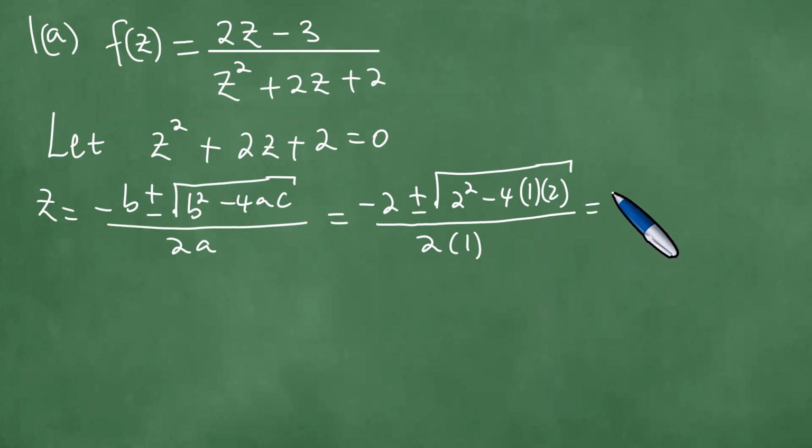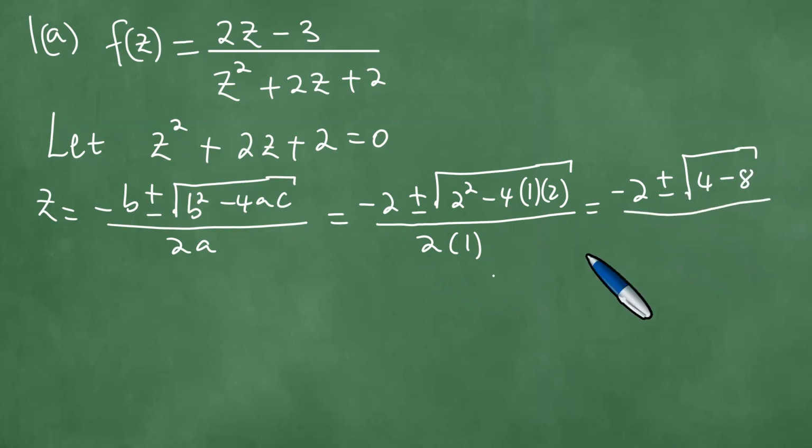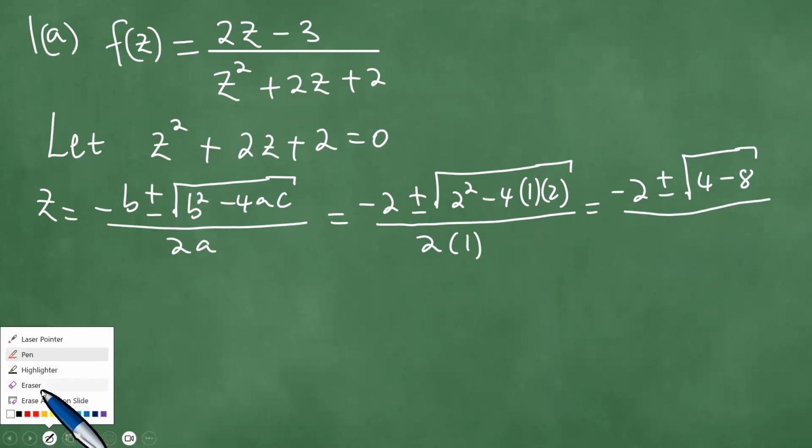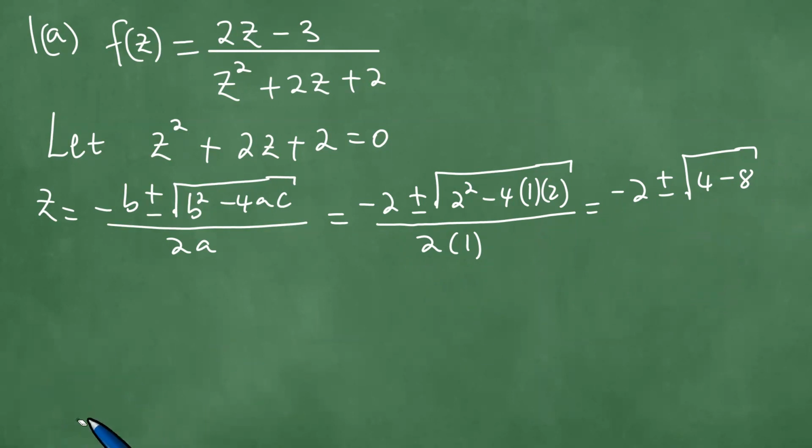So this is minus 2 plus or minus the square root of 2 squared, which is 4, minus 8. Divided by 2. And 4 minus 8 is exactly minus 4.